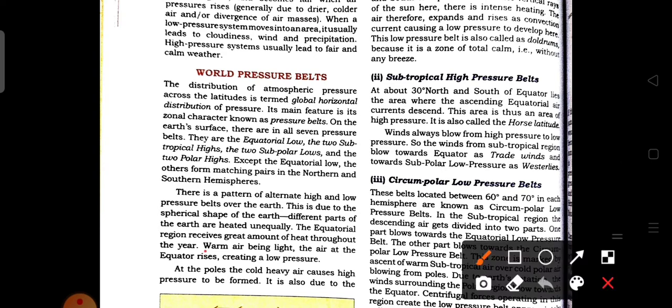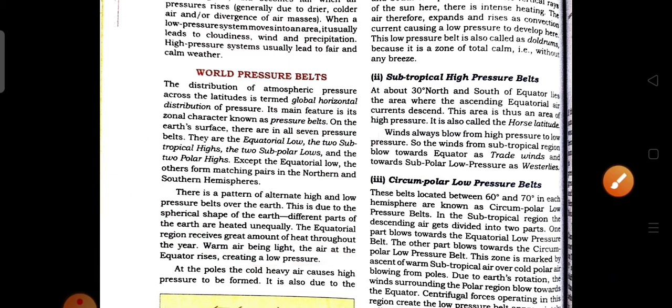As we know, warm air always becomes light, which means the air ascends to the higher region. In the equatorial region the air rises, creating low pressure. If the air becomes hot or warm, it rises upward and creates a low pressure area in this region.